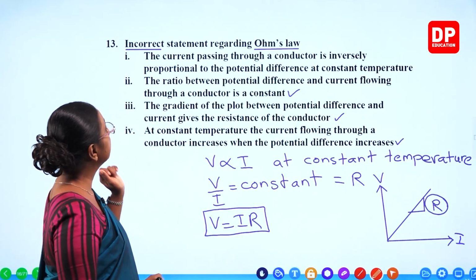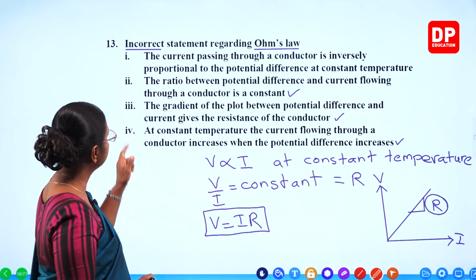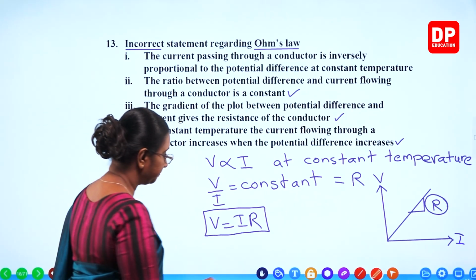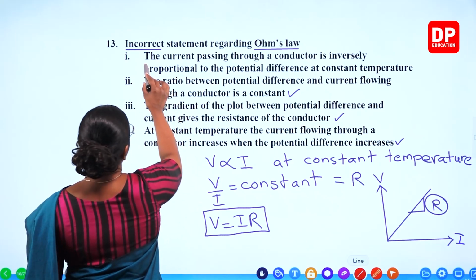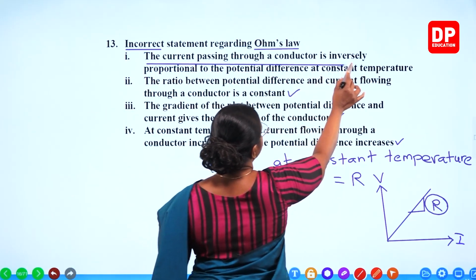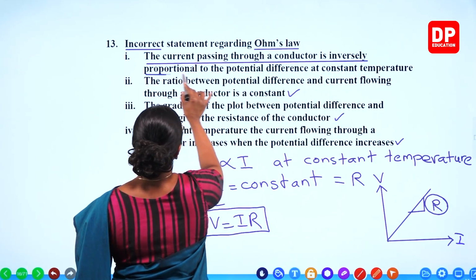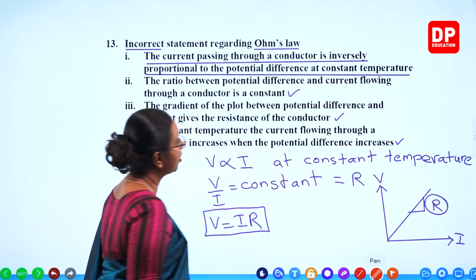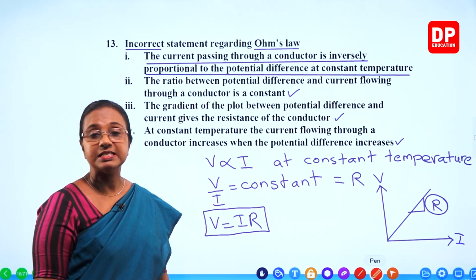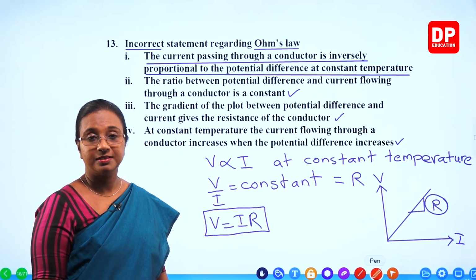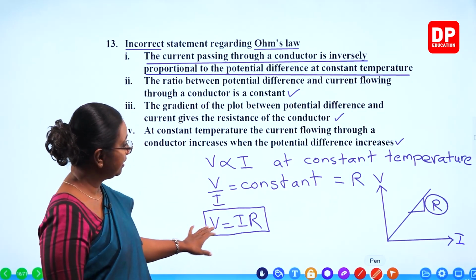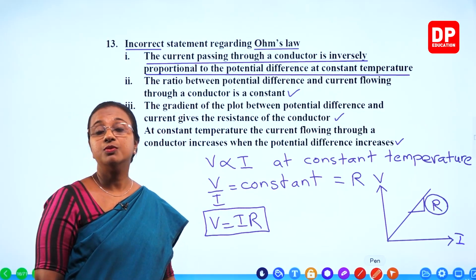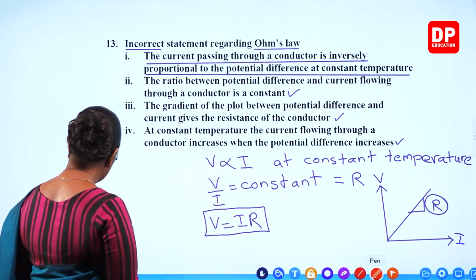That means the incorrect statement regarding Ohm's law is the first one: the current passing through a conductor is inversely proportional to the potential difference at constant temperature. That is the incorrect statement. So these are all the information related to Ohm's law. Then the next question.